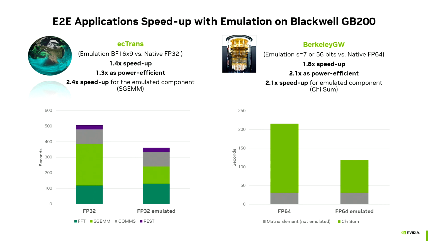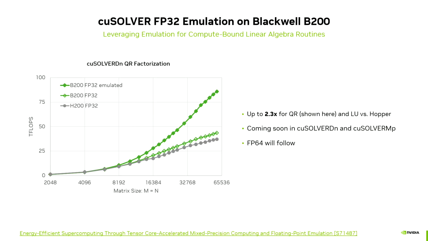We're working a lot on testing accuracies. So in all of these cases, accuracy is on par with the FP64 or FP32 native precision. And it's not just cuBLAS, but other libraries like cuSolver, in this particular case cuSolver DN, are testing and enabling these emulation modes.